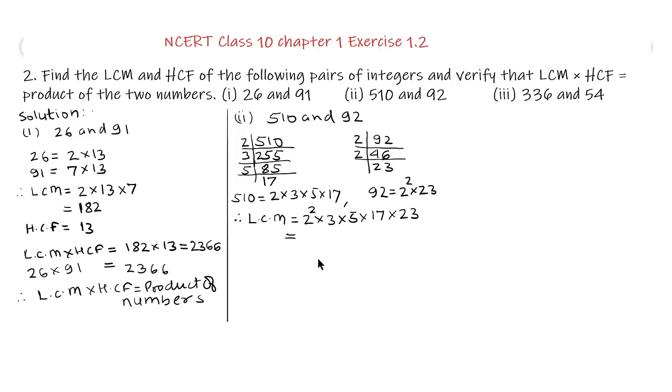So we solve. 2 to the power 2 is 4 multiplied by 3 multiplied by 5 multiplied by 17 multiplied by 23. This is equal to 4 times 3 is 12 times 5 is 60. 60 multiplied by, we multiply by 17 and 23. 17 times 3 is 51.